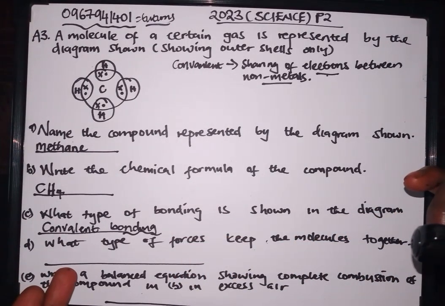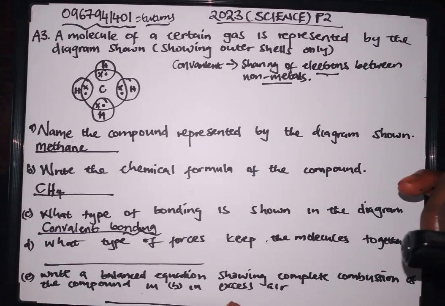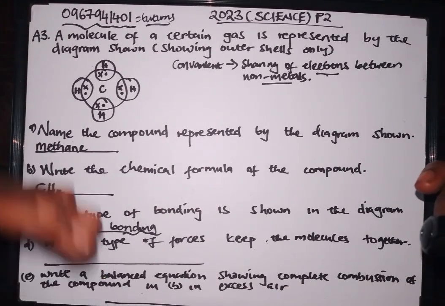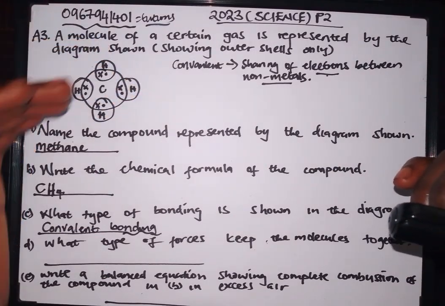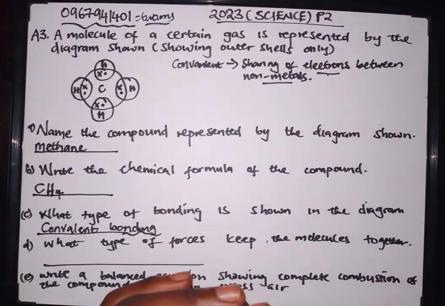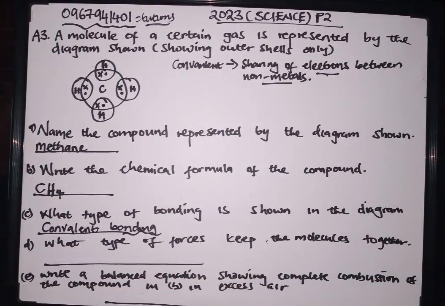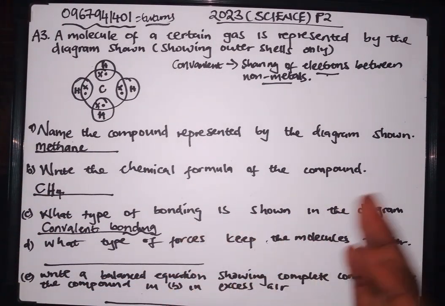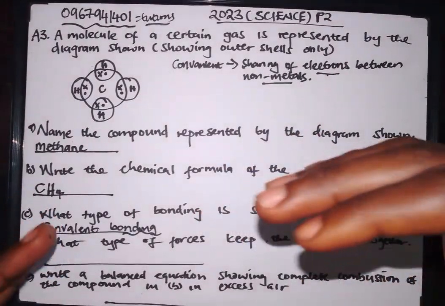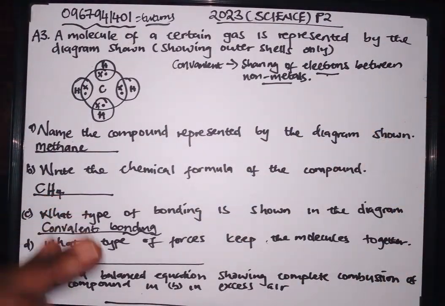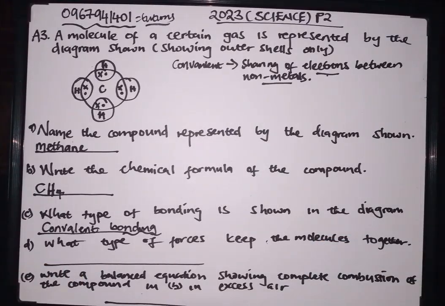The next question is saying, what type of forces keep the molecule together? Since we have identified that this type of bonding is covalent, before I answer this question, there's something I want to tell you. This question was combined with bonding.